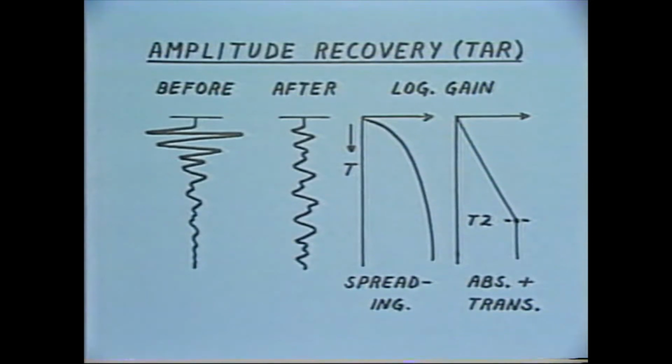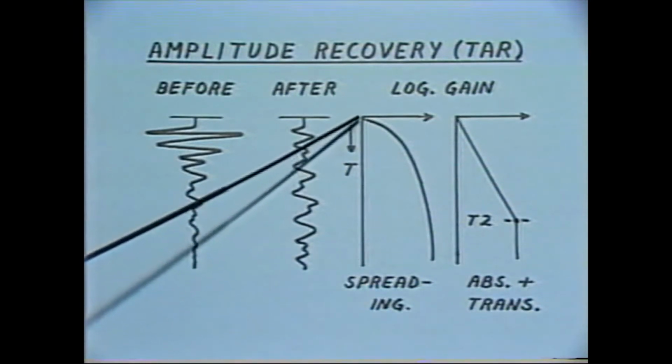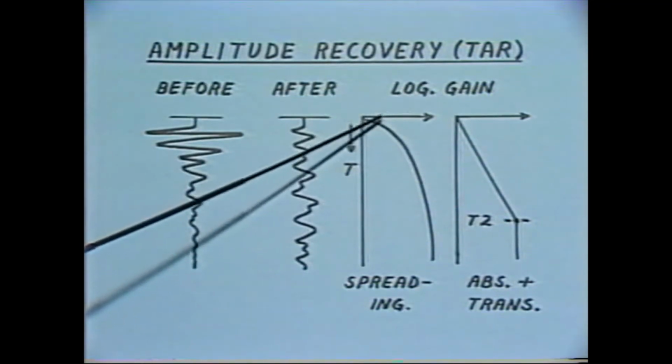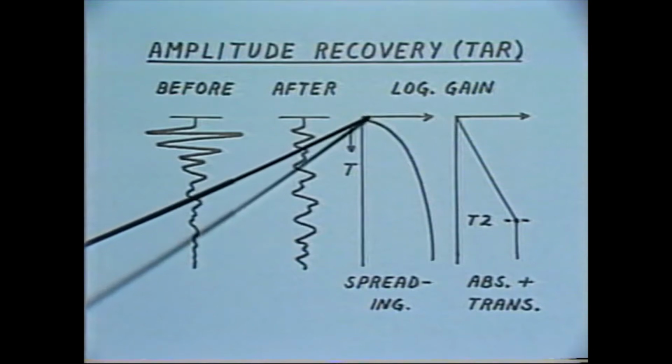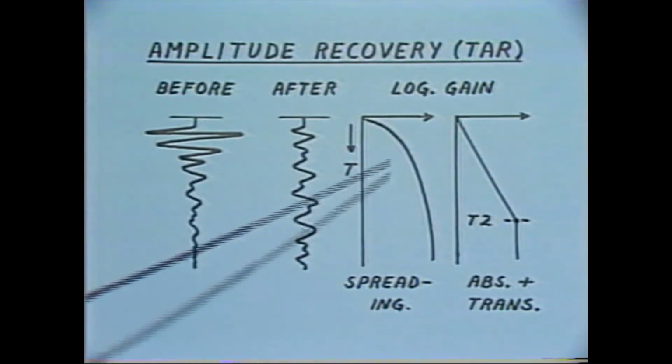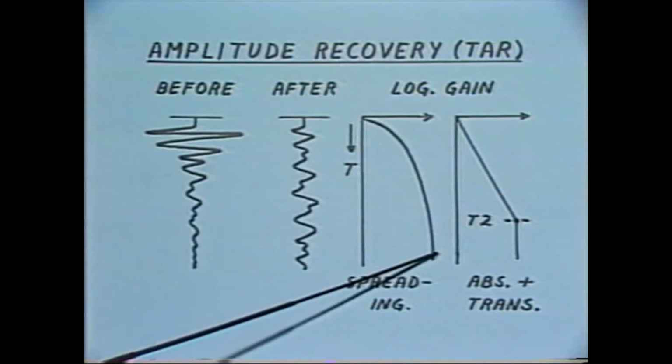The TAR correction actually consists of two components, one to correct for the spreading loss, and one to correct for the combined absorption and transmission losses. If we look at the logarithm of the gain or amplification that's applied to the traces against time, the correction for the spreading loss is a curve.